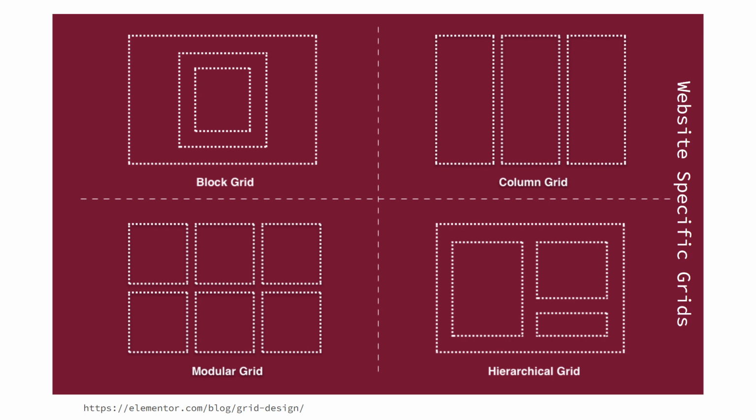These are website specific ones. Okay? I want you to think of examples of each. A block grid is going to be your traditional kind of layout, right? When you are on mobile, you are seeing a block grid. There is 1 column and things are stacked on top of each other.